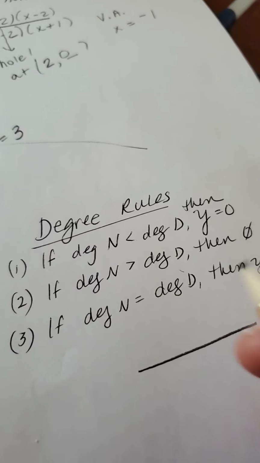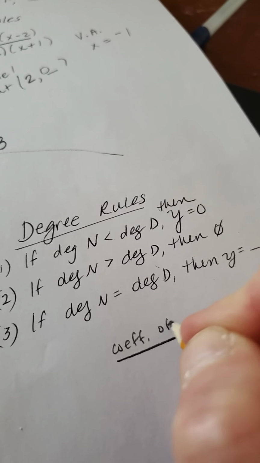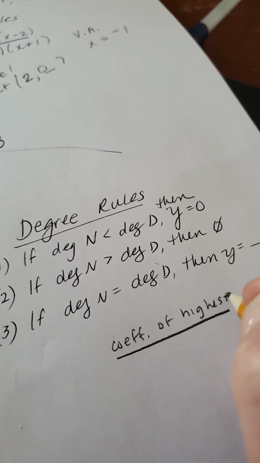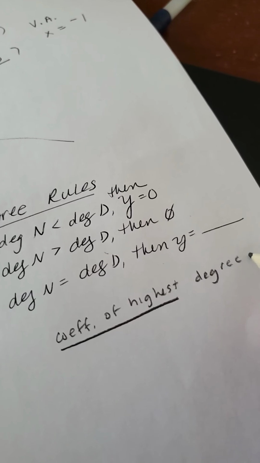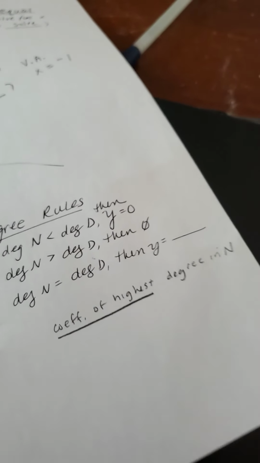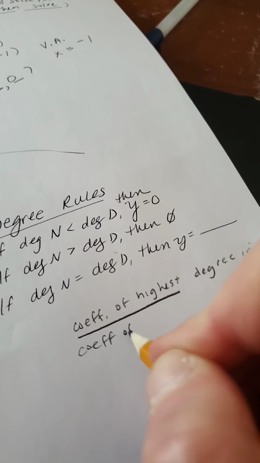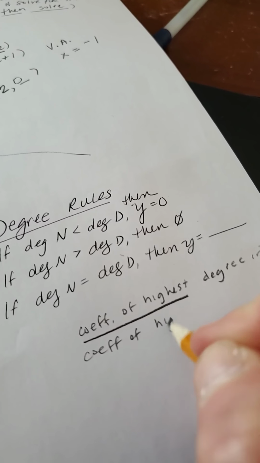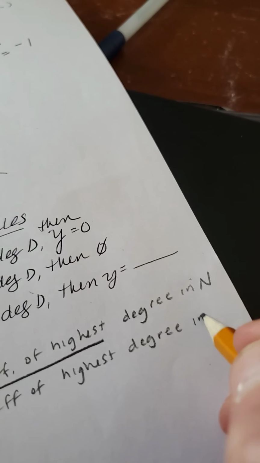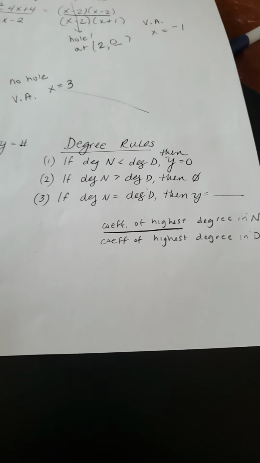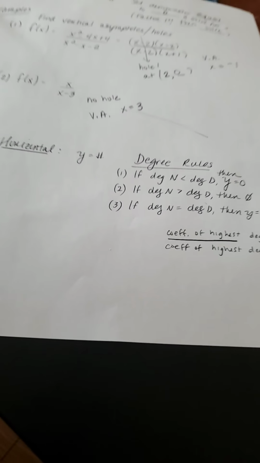So we have a fraction bar, and it's the coefficient of the highest degree in the numerator, that's what the n stands for, numerator, over the coefficient of the highest degree in the denominator. So that's how to find any kind of horizontal asymptote. More to come.